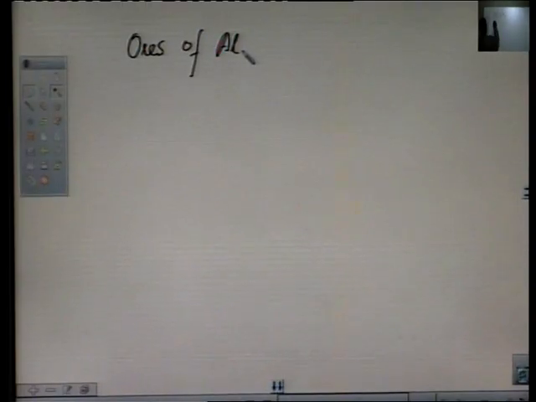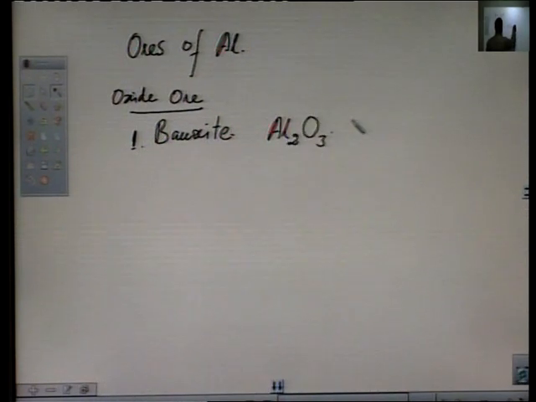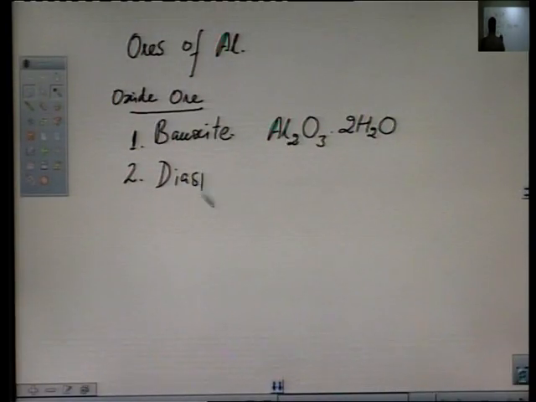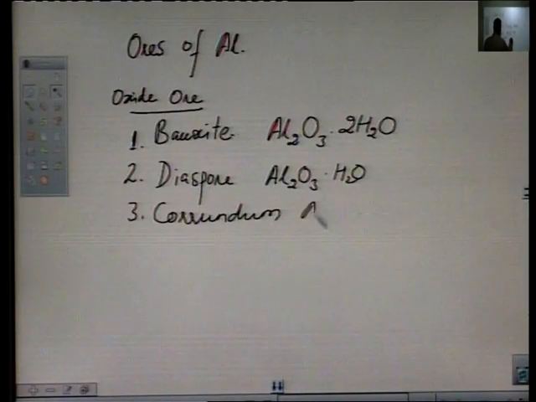The different ores of aluminium are, first of all, the oxide ores: bauxite, Al2O3.2H2O, which is the main ore of aluminium, then diaspore, and the third one is corundum, Al2O3.